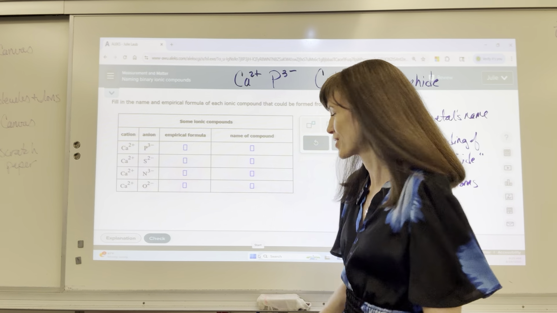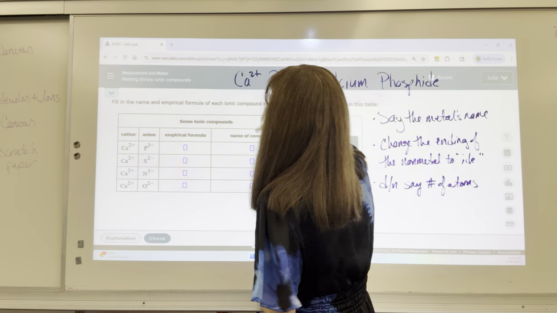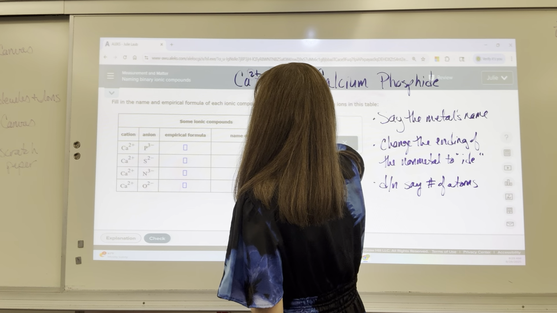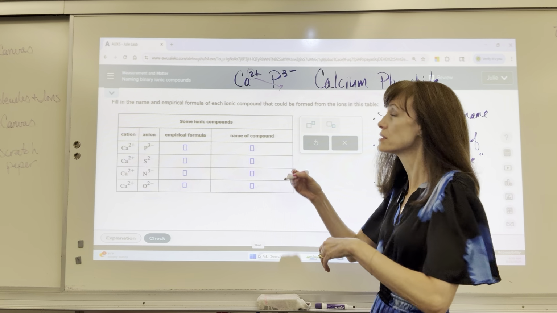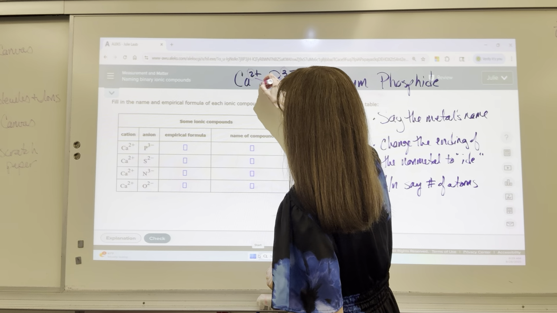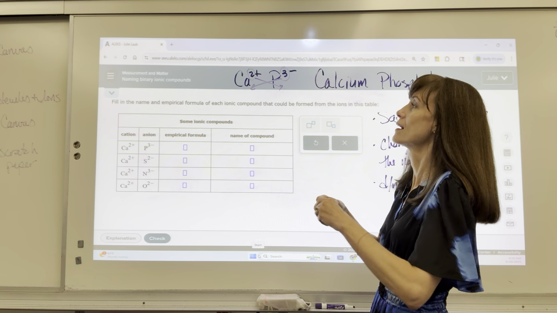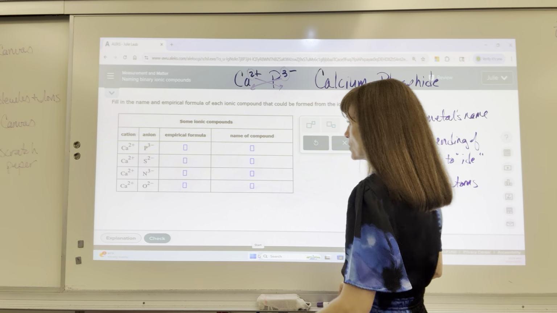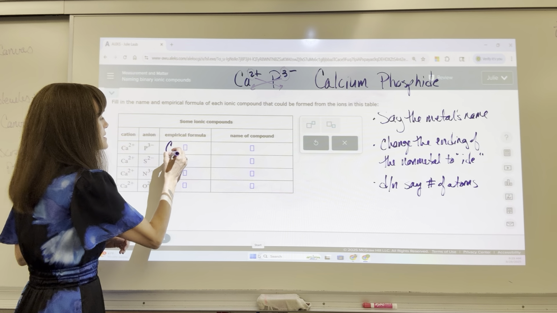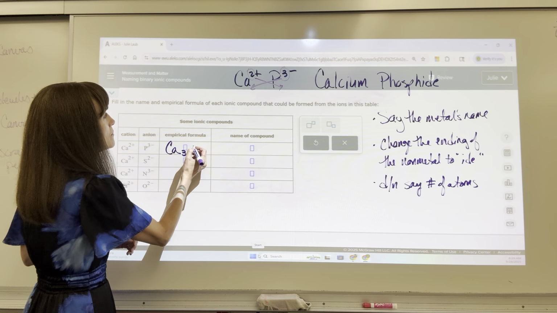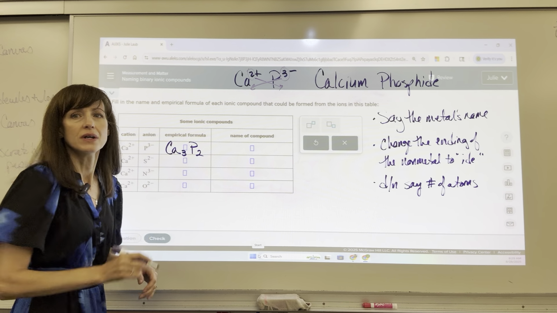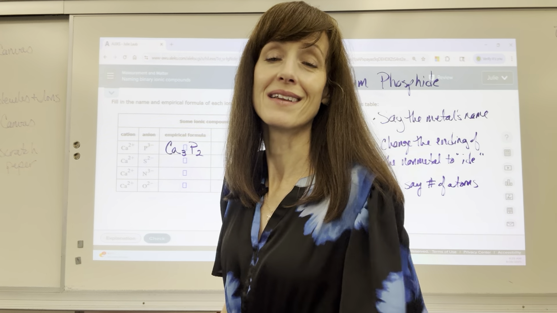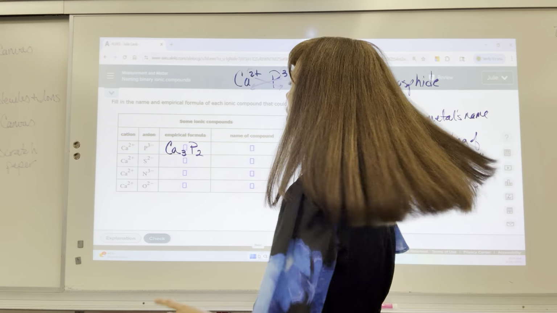Okay, let's cross down charges. The 2 is going to cross down and become the subscript for the phosphorus, and the 3 is going to cross down and become the subscript for the calcium. So here's your chemical formula: Ca3P2. Now, just for the sake of argument, let's check charges.